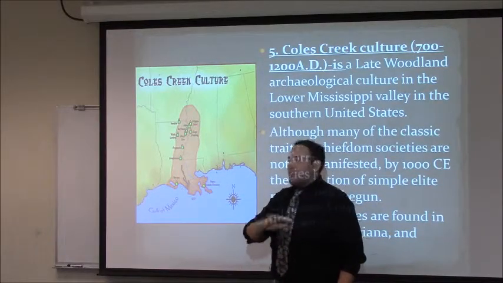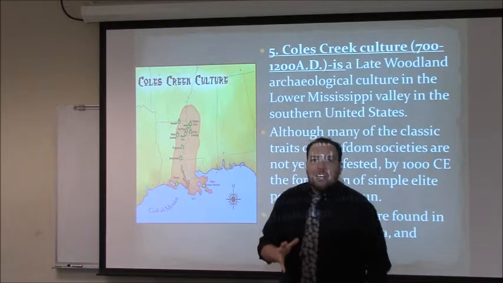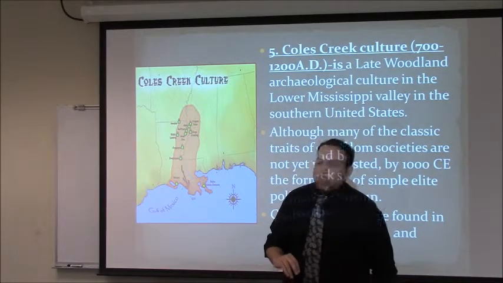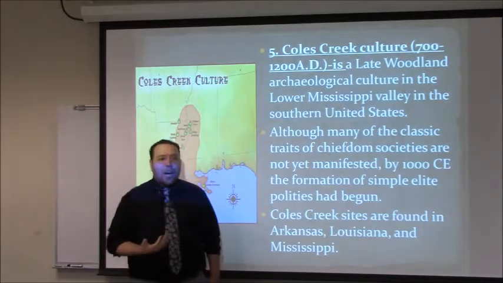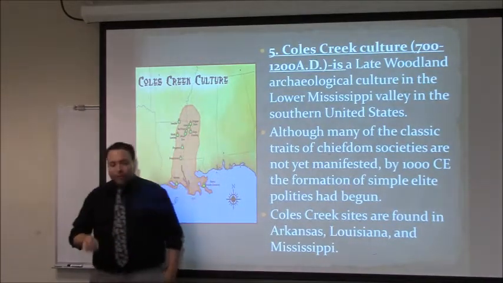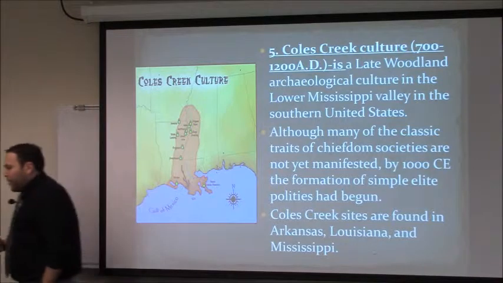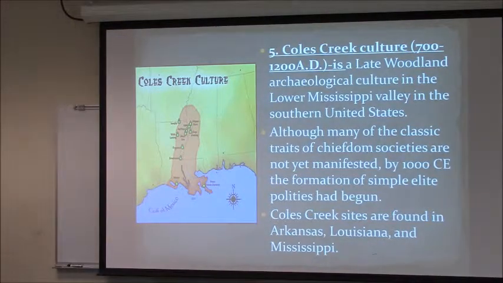I mean, pick up any food from the supermarket, and most likely it's going to have corn in it or a corn byproduct. So this is a huge development, not only for Native American culture, but for our society as well.